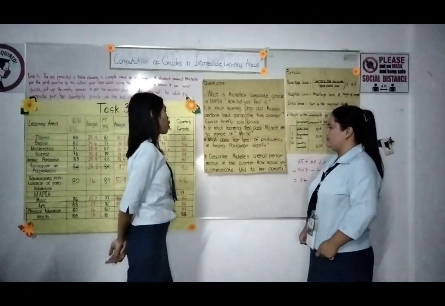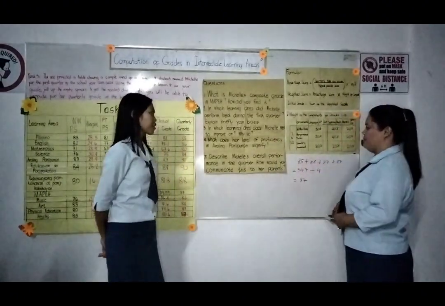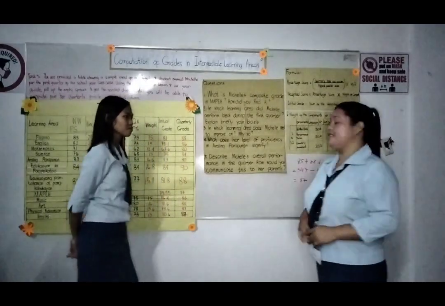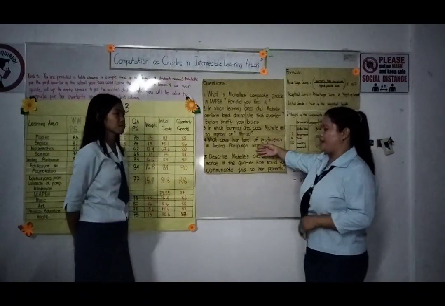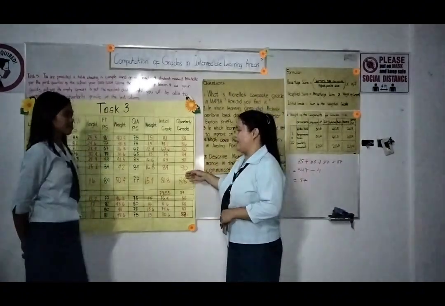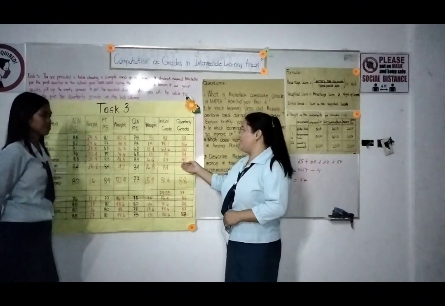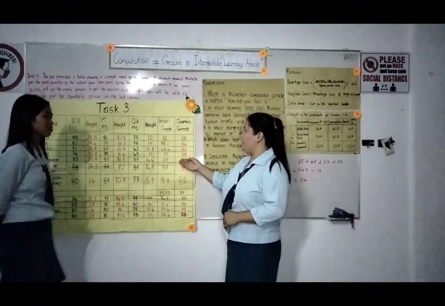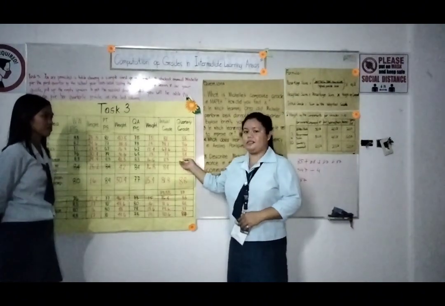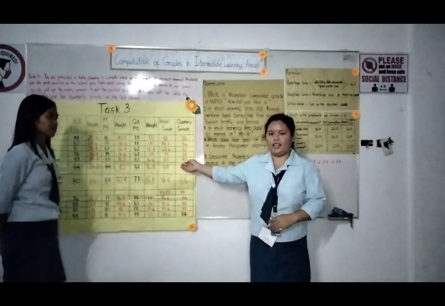Question number 4. What does her level of proficiency in Araling Panlipunan signify? Since she got a 90 grade in Araling Panlipunan, it signifies outstanding.